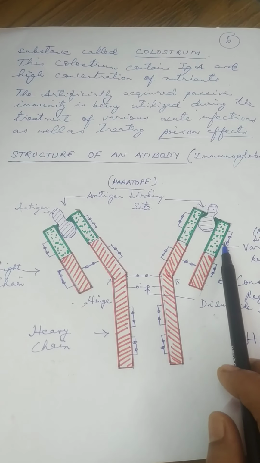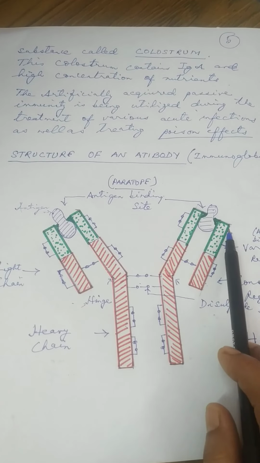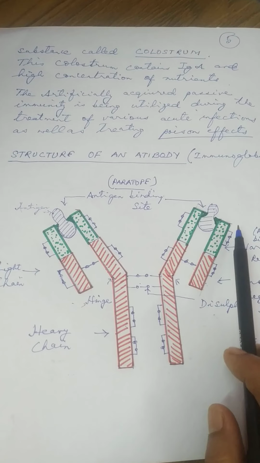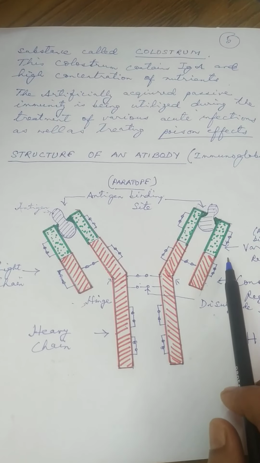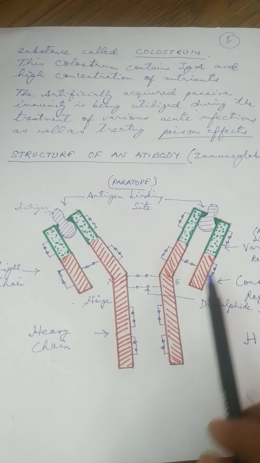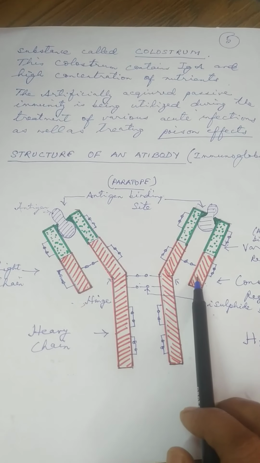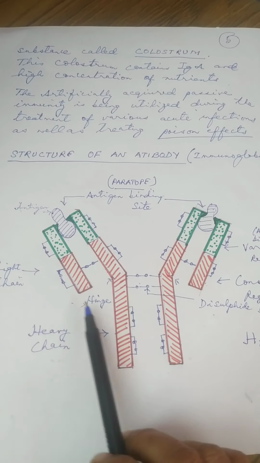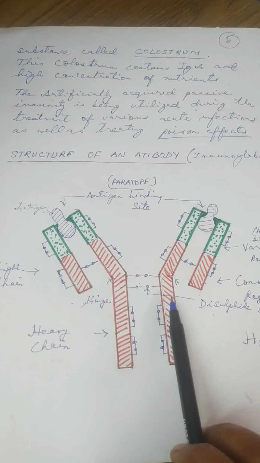In the variable region, you'll find that the amino acid sequence will be different, whereas in the constant region, the sequence of amino acids will be constant.